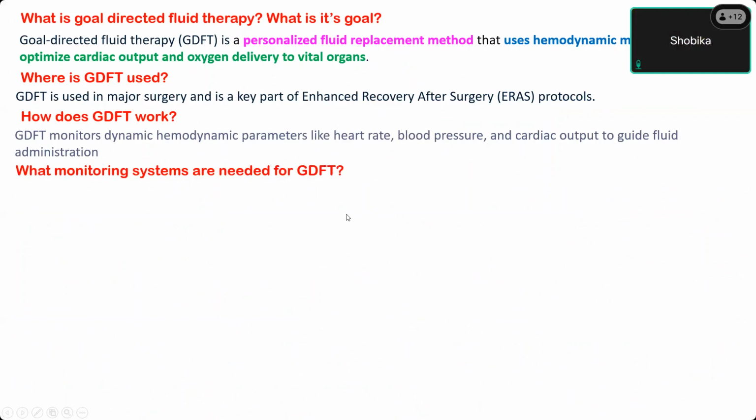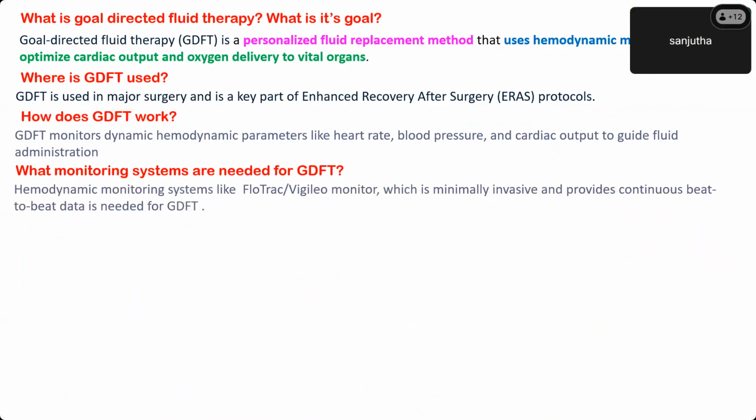We can go for CVP and cardiac output monitoring, commercially available now. Which one do you use during liver transplant or major procedures? Are you not using that? FloTrac or Vigileo monitor. It is minimally invasive and provides continuous beat-to-beat data, which is needed for GDFT.